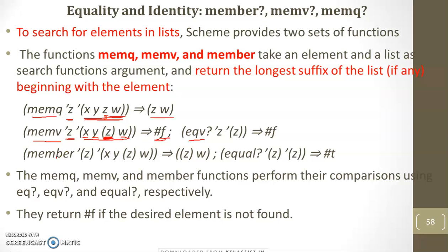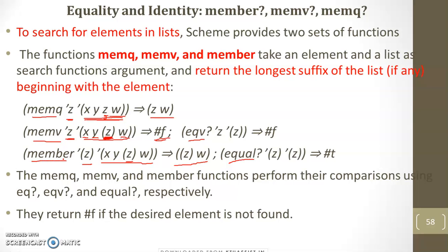Then with member, if Z is given in the form of a list, it will check inside this list for the list found over here. So it will return the value ZW, that is the longest suffix. In this case, it will be using the construct equal.